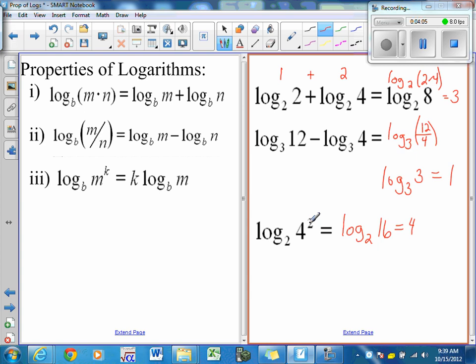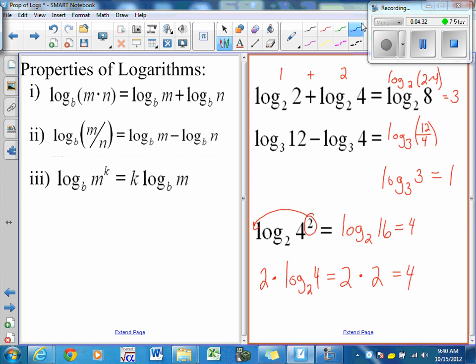Now, by this property, this third property, I could take this 2 and I could move it in front and get 2 times log base 2 of 4. Now, this is just going to be 2 times 2 to what power is 4? That's 2. So 2 times 2 is 4.